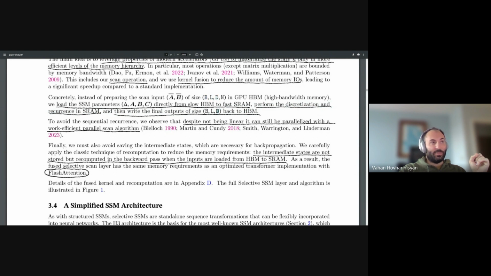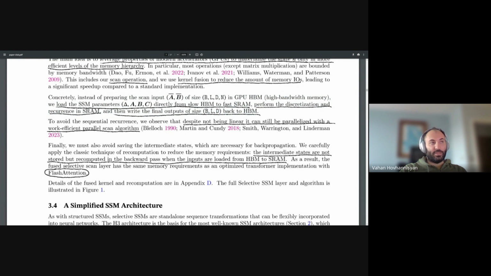Right? The N is missing. You calculate just the hidden state, which is why the N is missing. Do the discretization, do the recurrence, get the hidden state, and then send it back to the high bandwidth memory. High bandwidth memory is very efficient but small, right? So this is the trick that allows doing the recurrence training very efficiently, right?